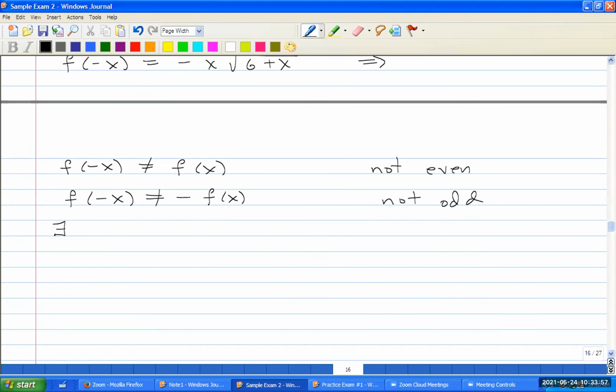There does not exist a non-zero t such that f of x plus t equals f of x. And so it's not periodic. So I have no symmetry here at all.